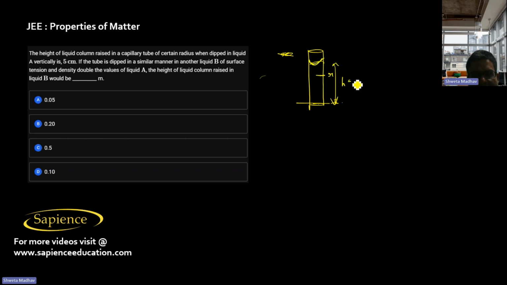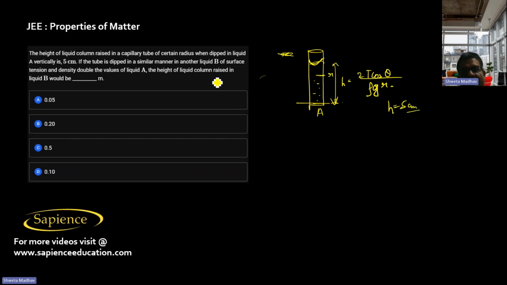The height is given as 2T cos theta by rho g r. When the tube is dipped in a liquid A, the height raised vertically is 5 centimeters.